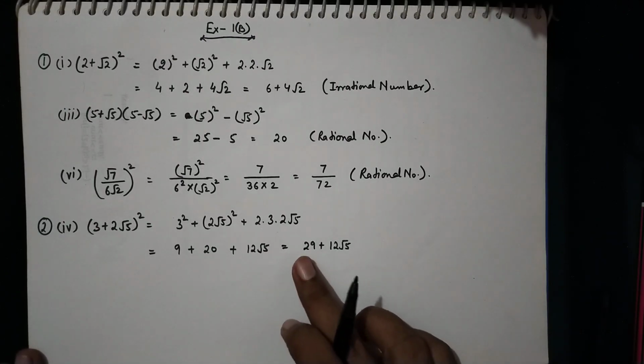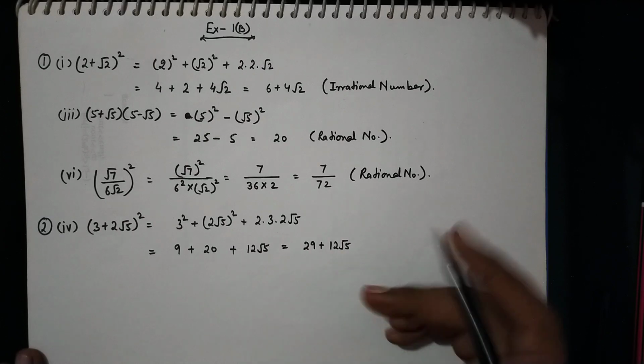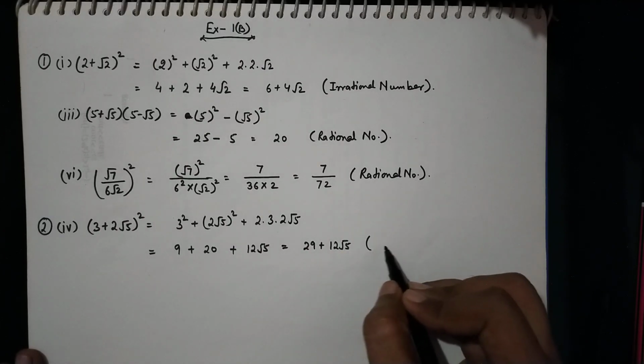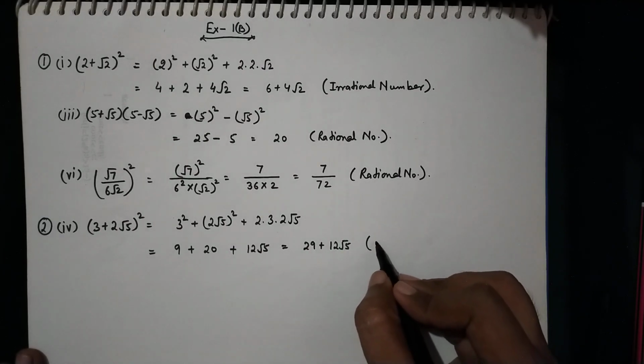As we see, this is a rational number and this one is an irrational number, so the final will be an irrational number.